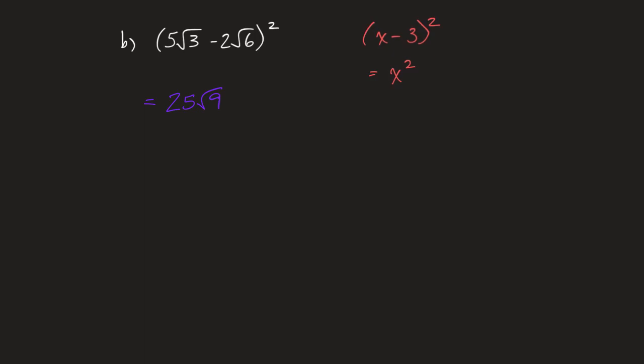I'm hoping that when we see 5 root 3 squared, we can tell the difference between the red and the purple. In the red, I have 2 terms in my base. In the purple, I just have 1. And so to square my 1 term, I square all parts of it. We can see the 25, and I'd really love it if we weren't trying to picture root 3 squared as root 3 times root 3.